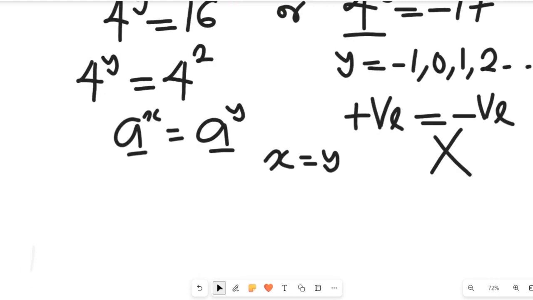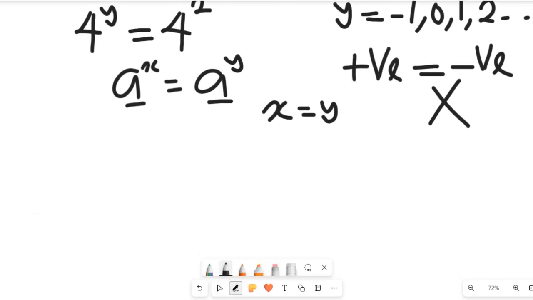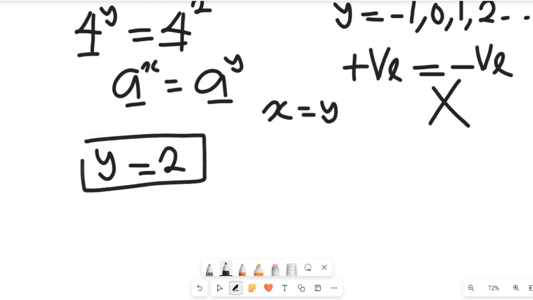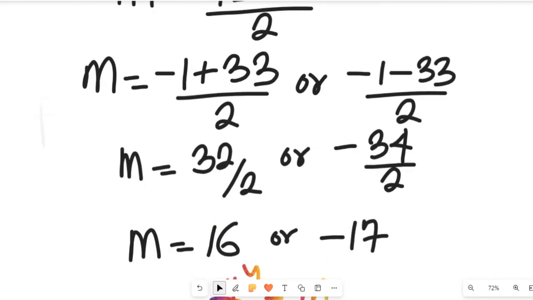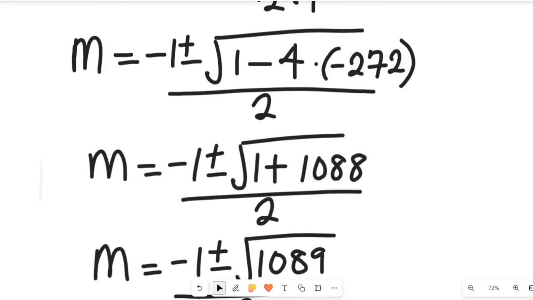So since we have the same base here, y will be equal to 2. So the value y equal to 2 is the solution that truly satisfies that exponential equation.